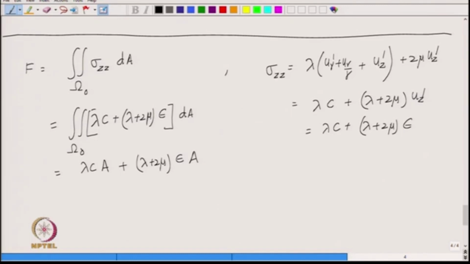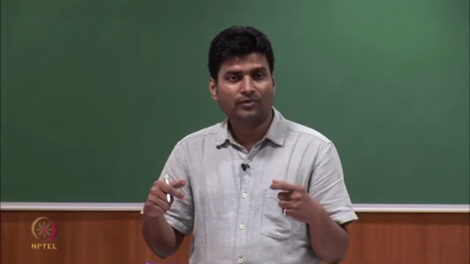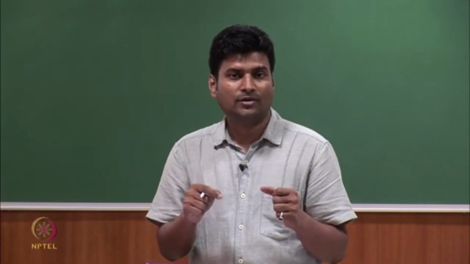So, that is how we can relate force with epsilon, because c we already know, we had the formula for c. So, we can put it here, and the only unknown would be epsilon. So, you can then also obtain the axial strain in terms of the force applied.